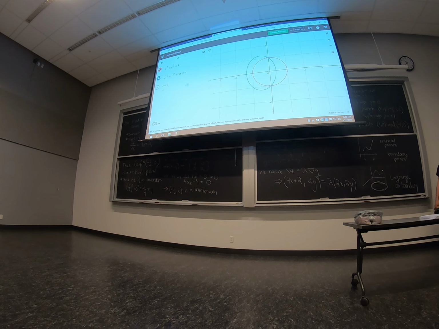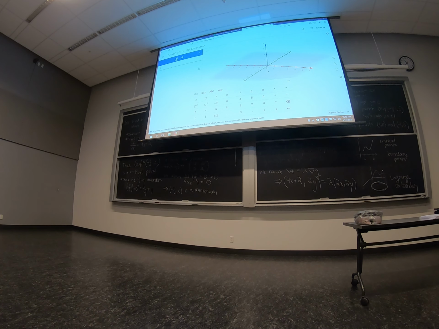So I want to give you the 2D picture and the 3D picture of this graph. Okay, so there's the function that we're optimizing. Notice that it's sort of a paraboloid, like a parabola but squished a little bit.